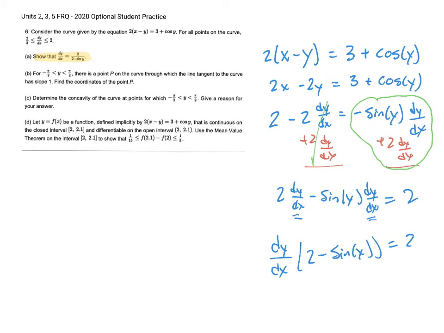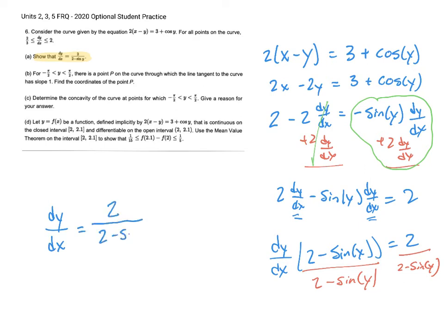Now I'm just going to divide on both sides by this expression, 2 minus sine y, and we've got it. Okay, I'll just rewrite it over here on the side, but we have shown that the derivative dy over dx does equal 2 over 2 minus sine y.